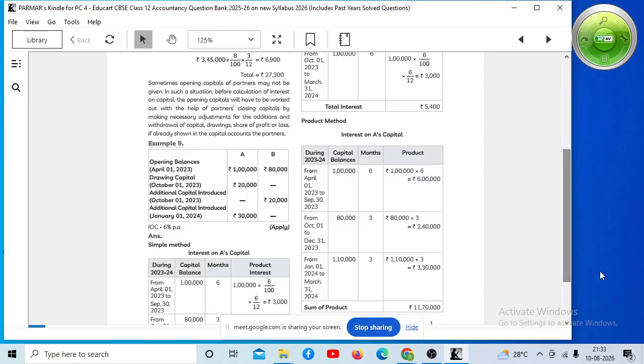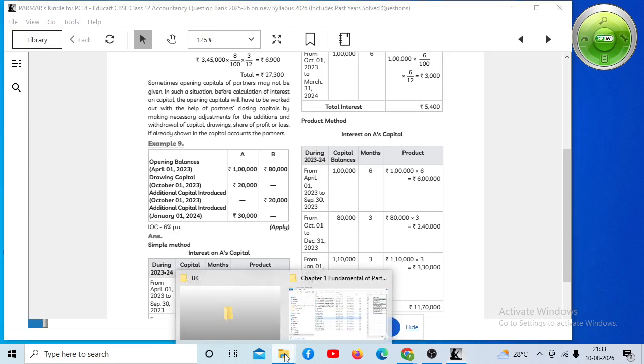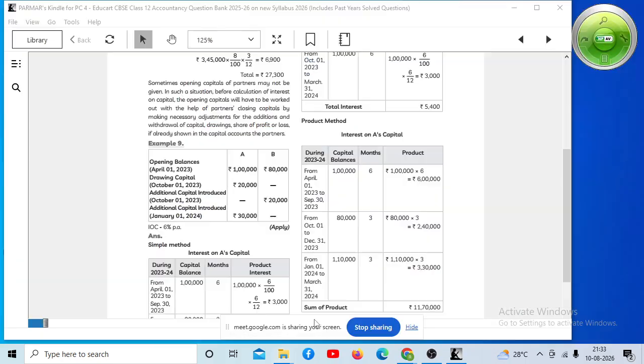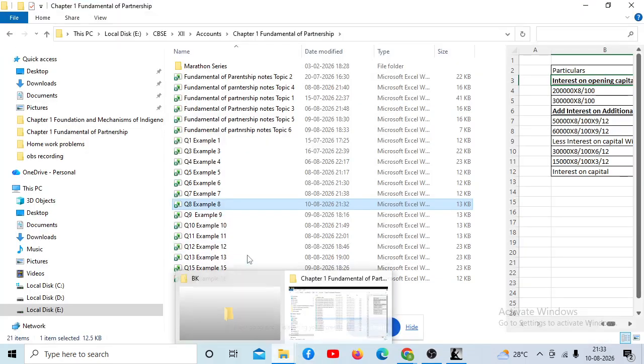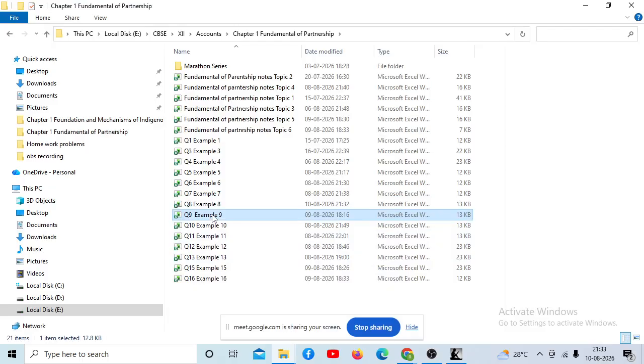See, here it is given, example number 9: opening balance 1,80,000, drawing capital 1st October 20,000, additional capital introduced 1st October 20,000, additional capital introduced January 1 30,000, interest on capital is 6% per annum. So this is the question and we will be solving this in the same pattern.